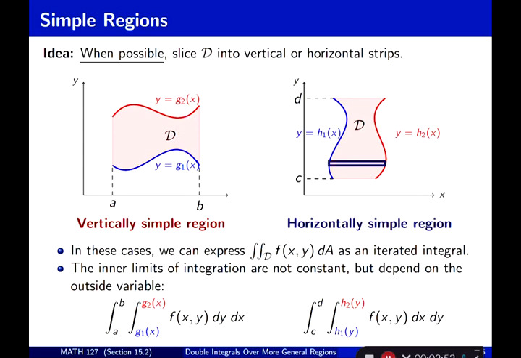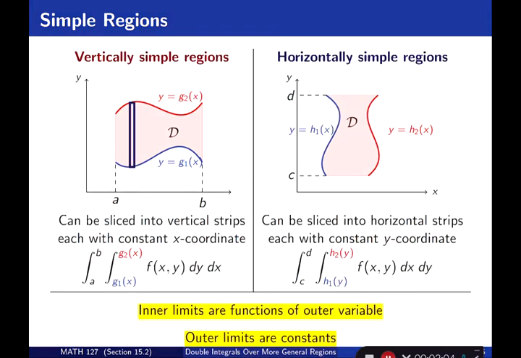And same thing when you have integration over horizontally simple regions. If it's possible, that's what you want to do first. When you're doing a vertically simple region, the inner integral is f of x and y from g1 of x to g2 of x, and the variable that you're integrating with respect to is y.